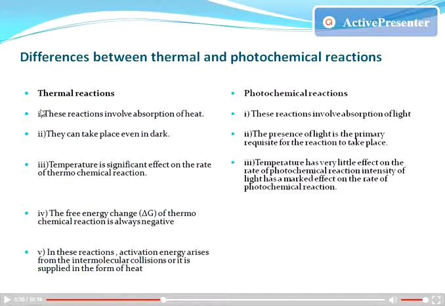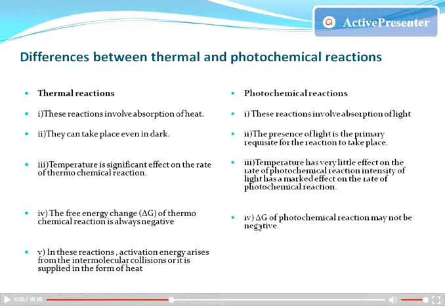And then for thermochemical reactions, of course, here we normally see the Gibbs free energy, the delta G, is negative. In other words, the reactions are spontaneous, while here the delta G can be either positive or negative.